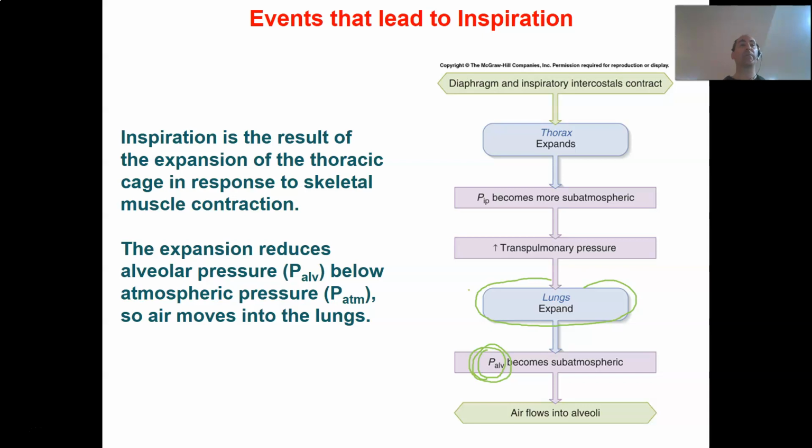When you inspire, compared to the 0 point, the inside of your lungs, the alveoli, have to be negative: -1, -2, -3, -4, -5, -6 centimeters of water. When you expire, the pressures inside the lungs and the alveoli have to be positive: +1, +2, +3, +4, +5, +6, whatever the number is, centimeters of water.